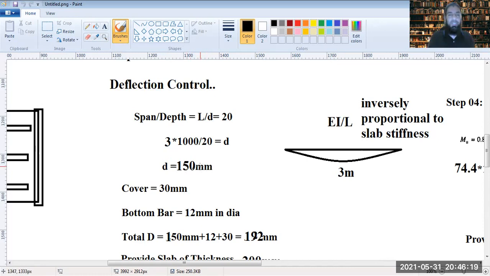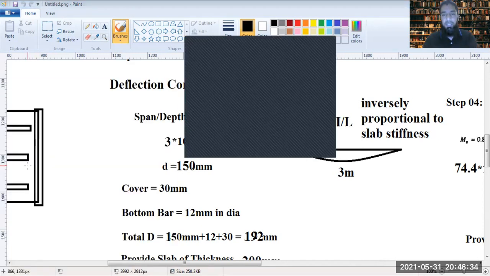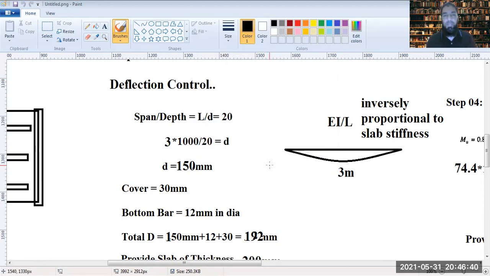There is one more conventional method to determine the thickness of the slab, which could be determined from the span to deflection control.